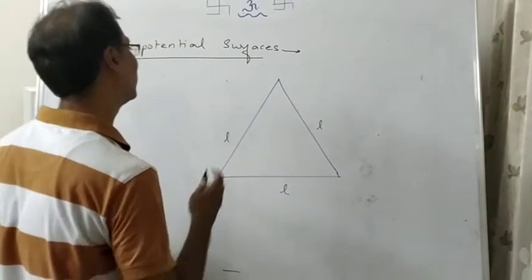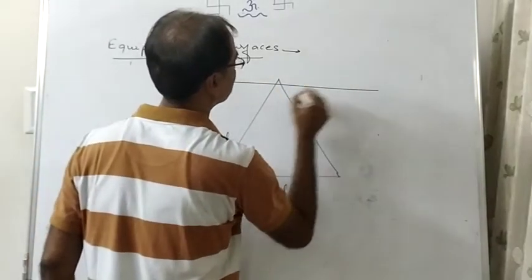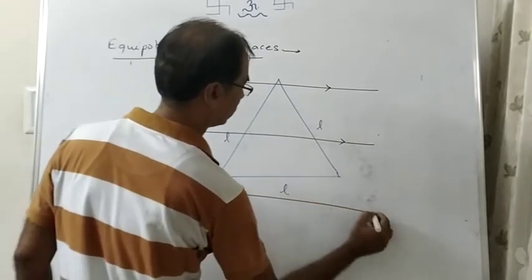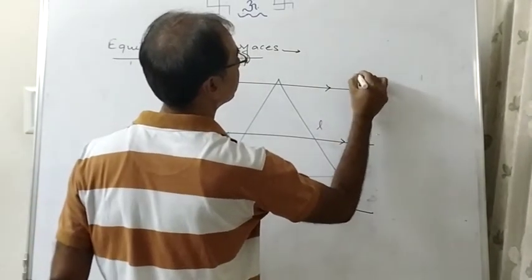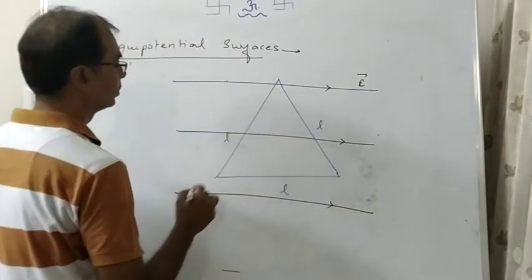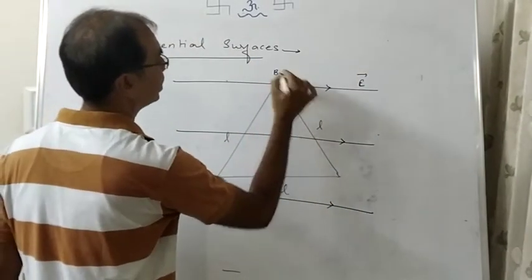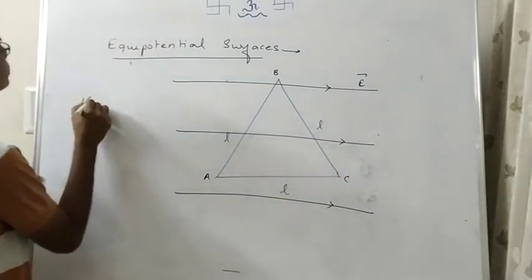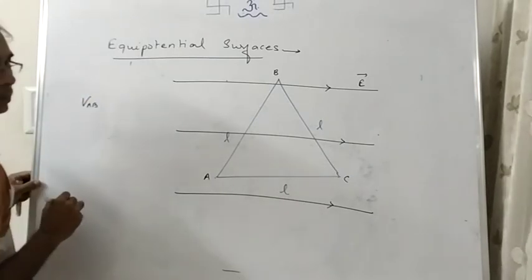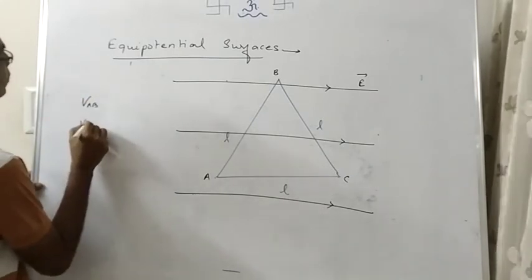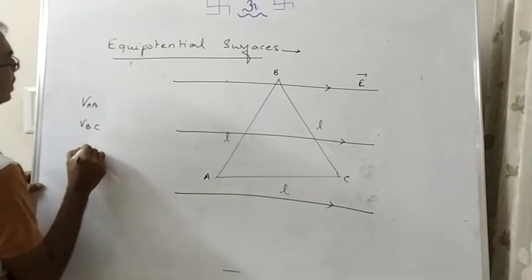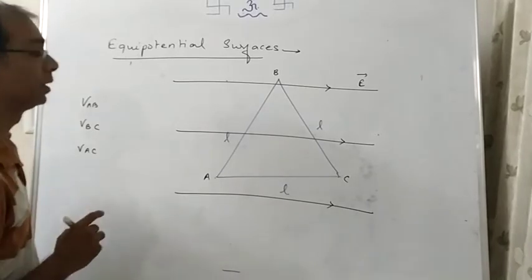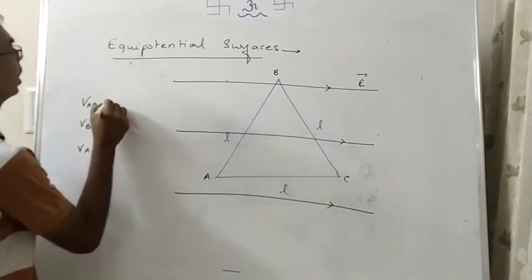It's a uniform field, so we can say its magnitude is E. This point is let's say A, this point is B, this point is C. I want VAB, I want VBC and I want VAC. These three values I want. You have to calculate it. How to do it?